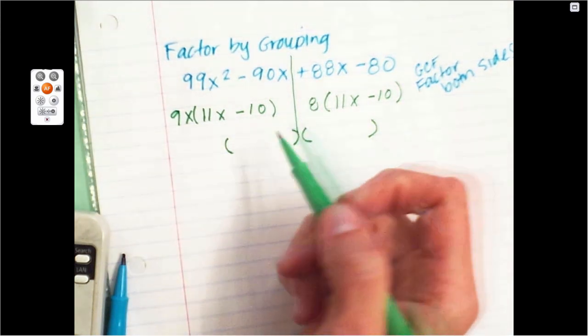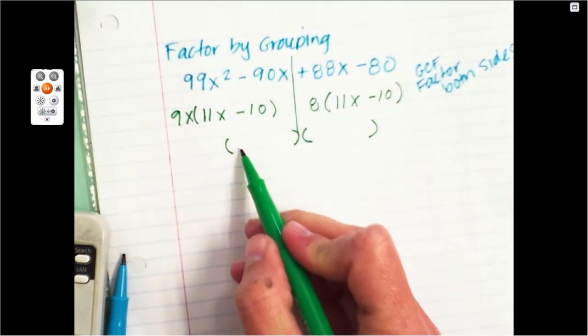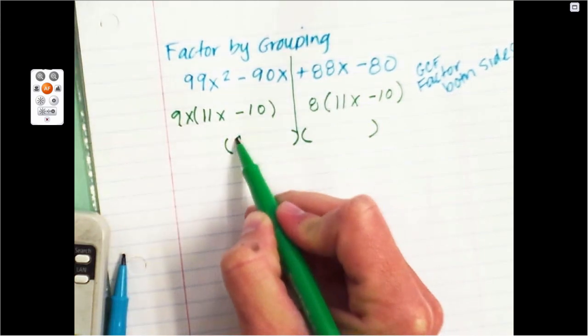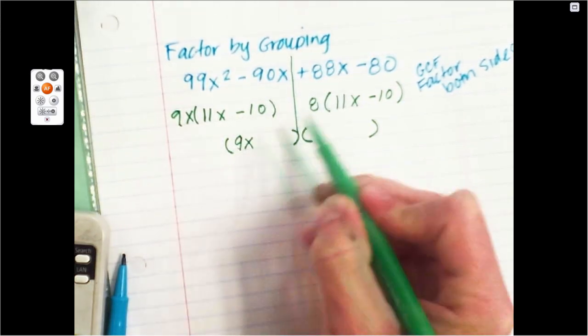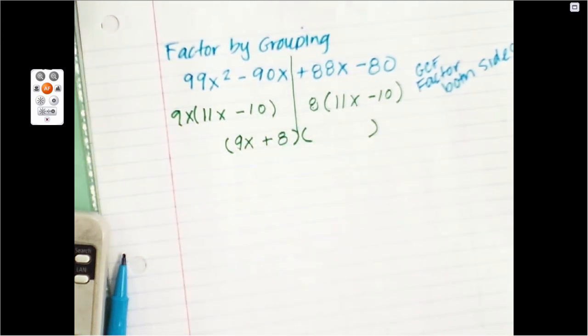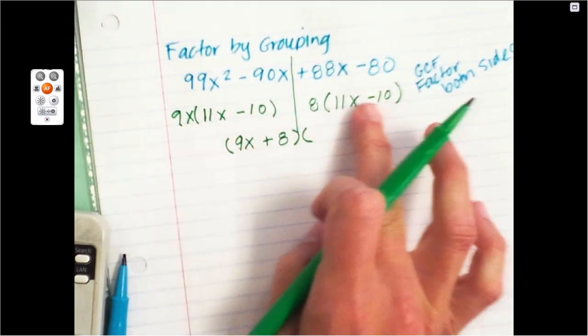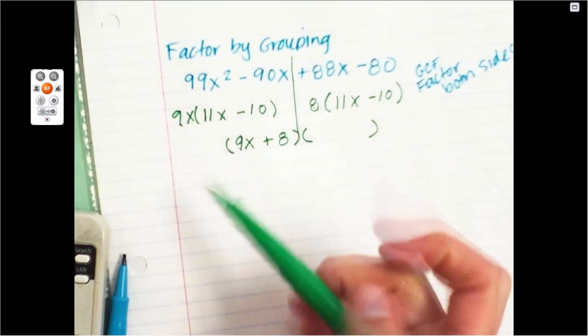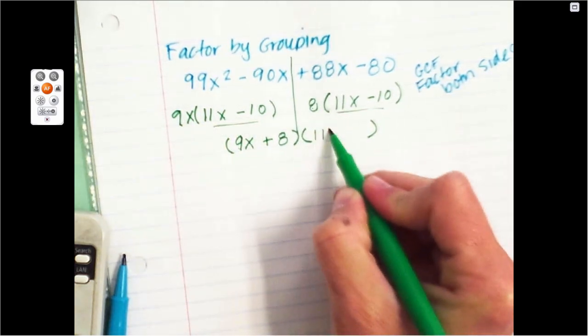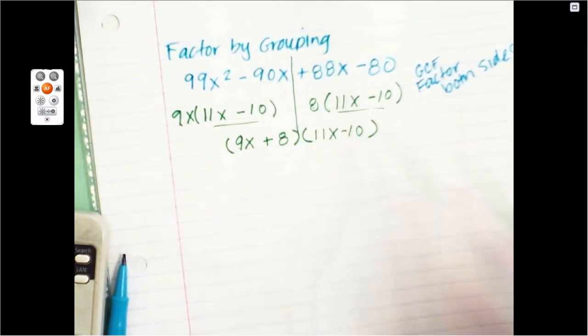So where you get the first set of parentheses, 9x, that's a positive 8. And the second set of parentheses is whatever's the double. See how that goes in. You can put that one in the front.